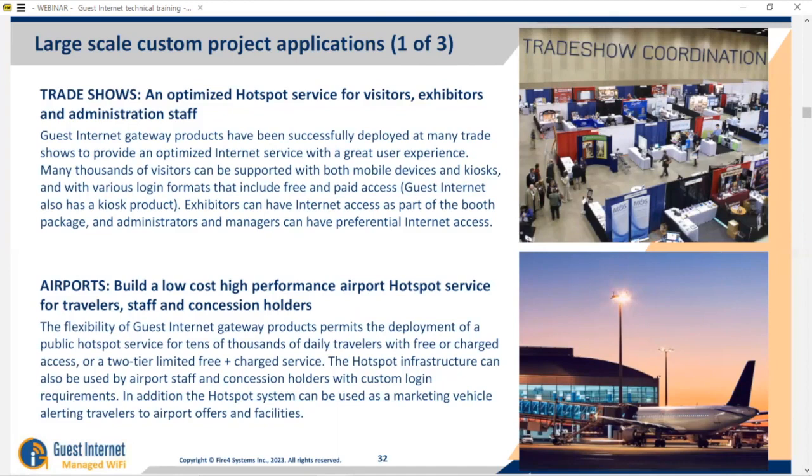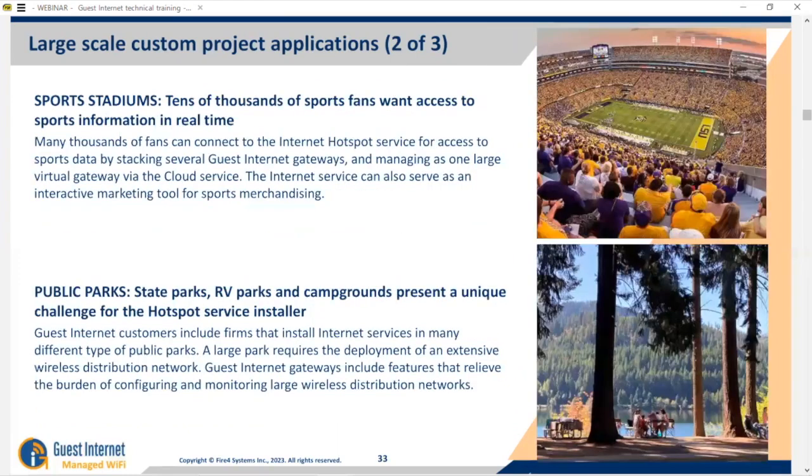The traveler can then purchase internet access at hourly rates, and the traveler can also use a subscription service like Boingo to get internet access. And so guest internet supports this type of three-tier login configuration.